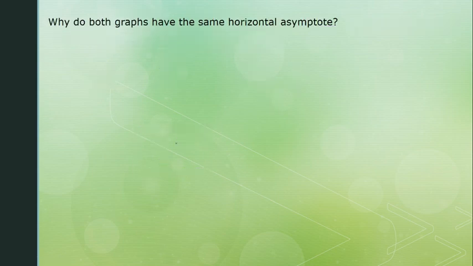Why do both graphs have the same asymptote? Well, that's what we just went over. Because the degree of the numerator, remember the numerator is the top of a fraction, was less than the degree of the denominator, which is the bottom of a fraction.